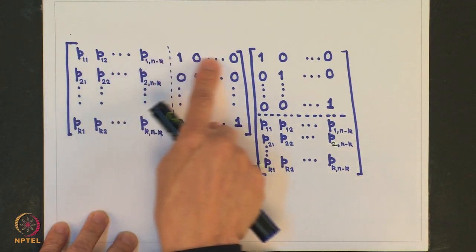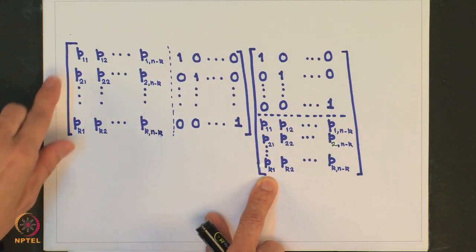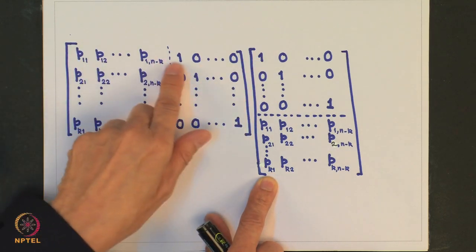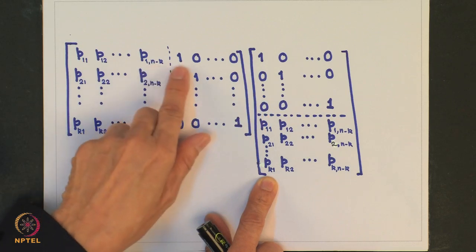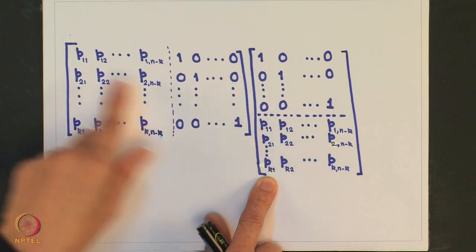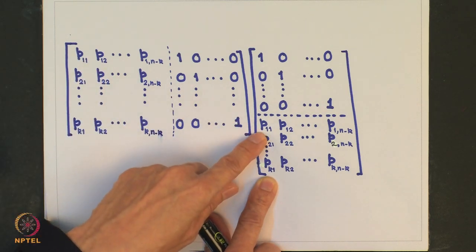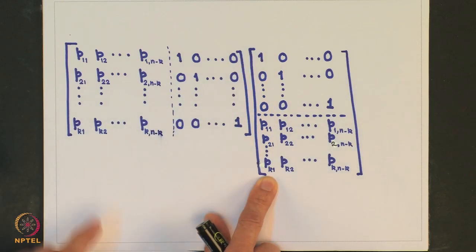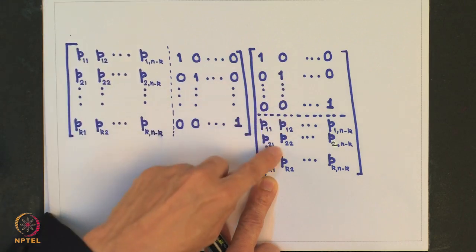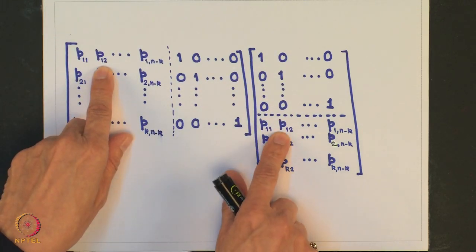So, if we take the first row and multiply with the first column out here, you will get P11 and rest of the terms here will go to 0, and then you will pick up again P11. So, what will be picked up is P11 plus P11. So, that would be equal to 0, and then if you multiply this by this, again you will pick up P12 and here you will pick up P12.